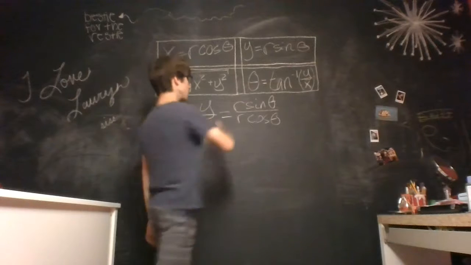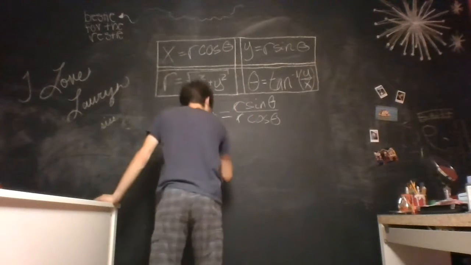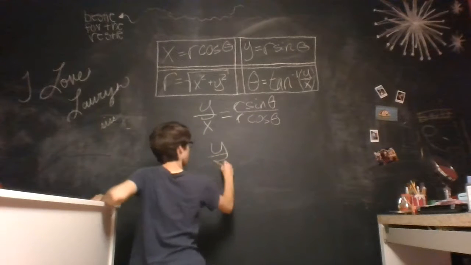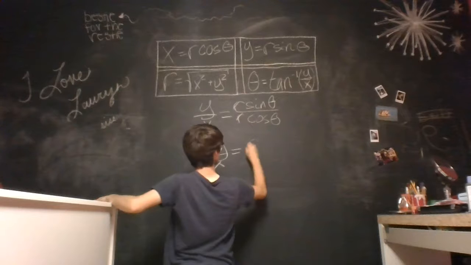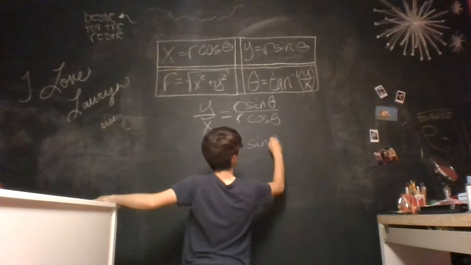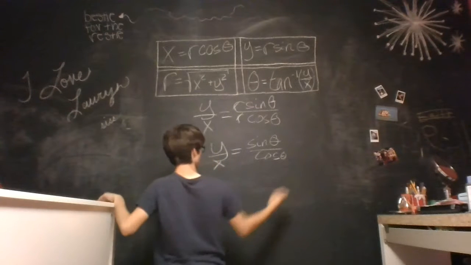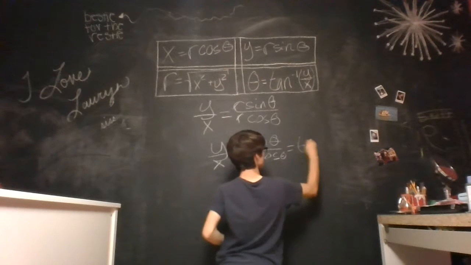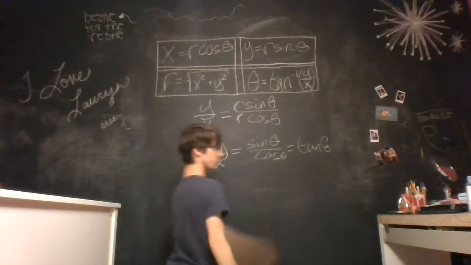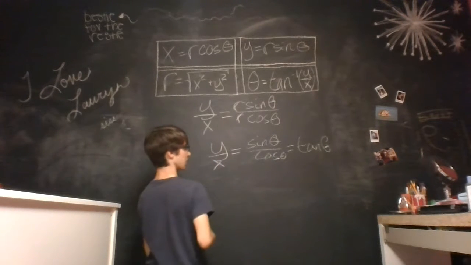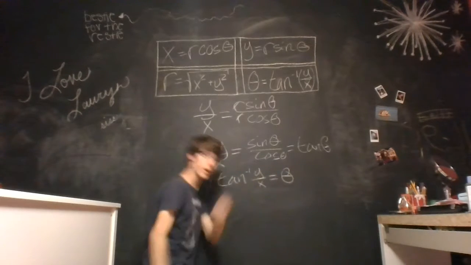Now, looking at this equation, of course, the r's will cancel out, leaving you with y over x equals sine theta over cosine theta, which, as we know, equals tangent theta. So, of course, we can just there use the inverse of tangent, which will thus give us theta.